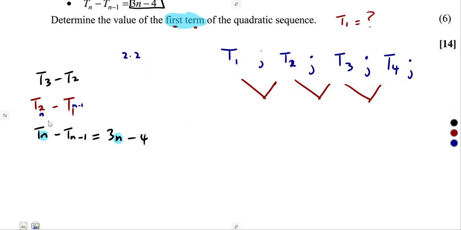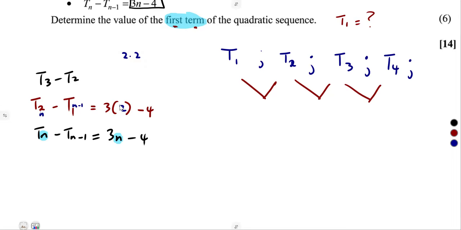So for T2 minus T1, the answer is 3 times n, which is 2, so 3 times 2 minus 4.